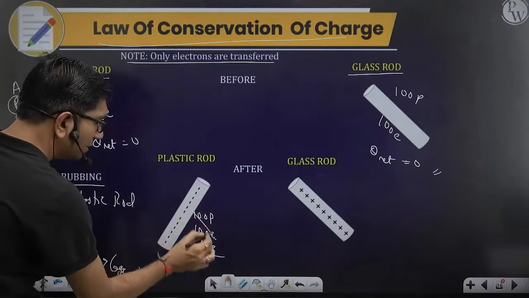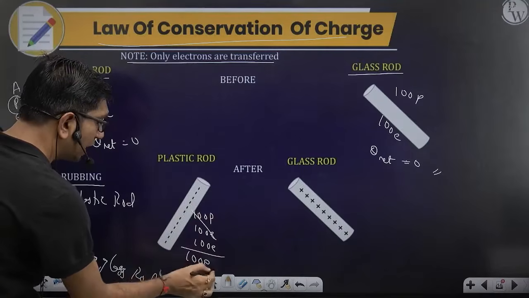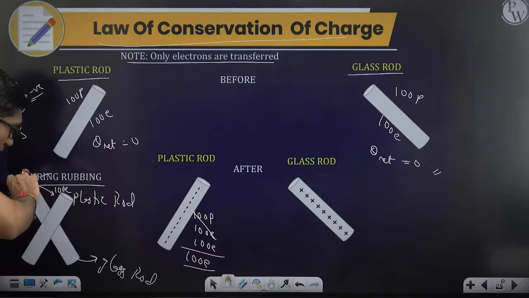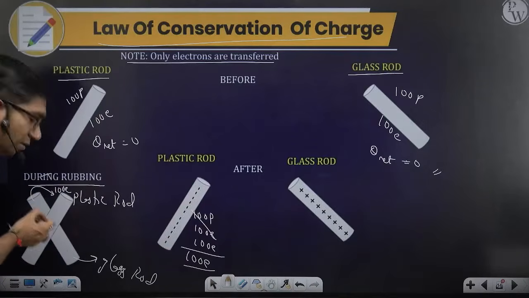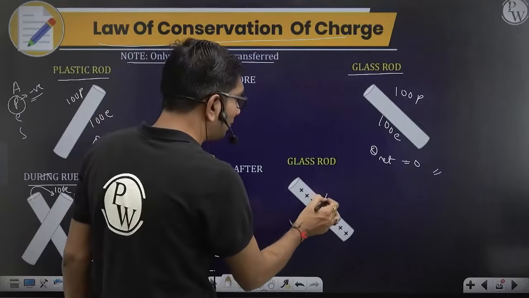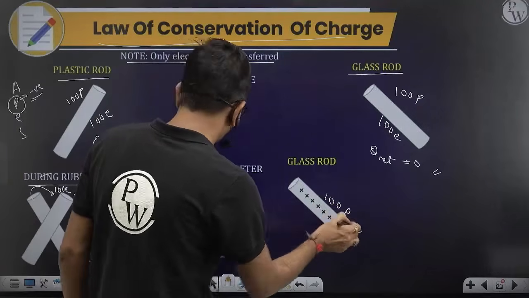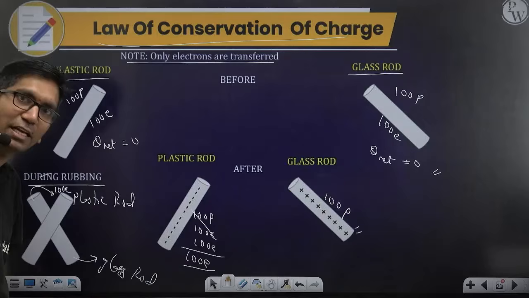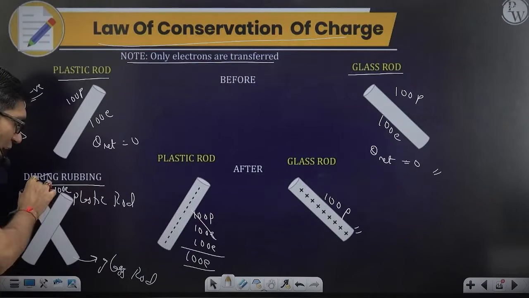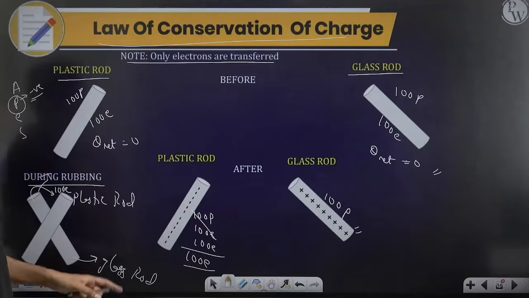So this becomes neutral. Finally, the charge present on this plastic rod is 100 electrons. What is left? 100 protons are left in the glass rod. Is it clear, beta? 100 electrons from the glass rod are shifting to the plastic rod.